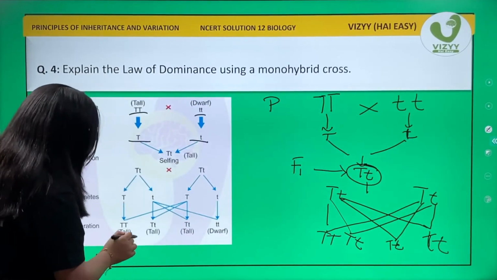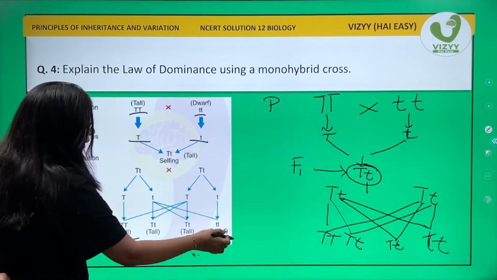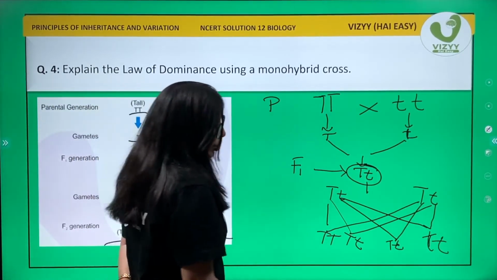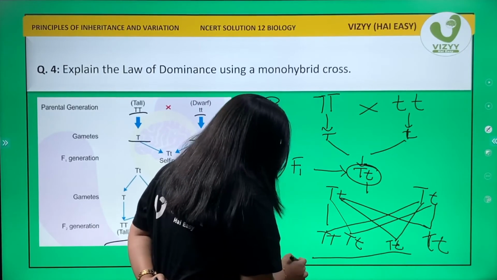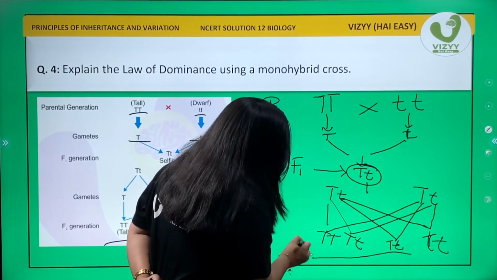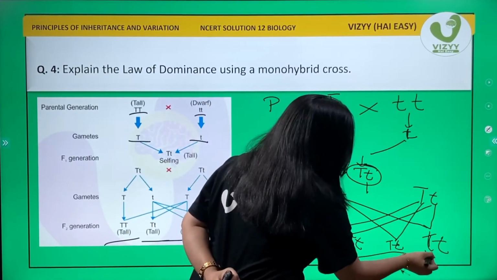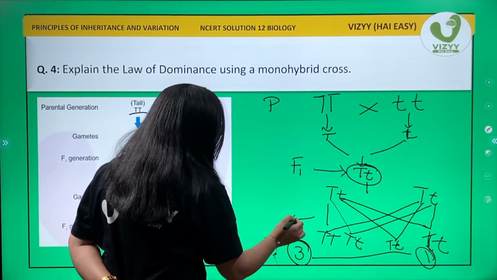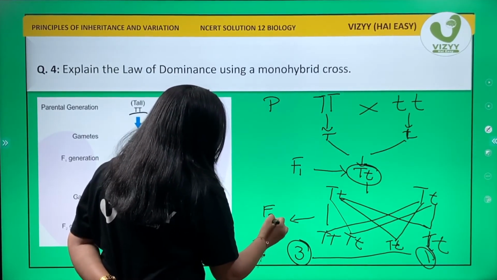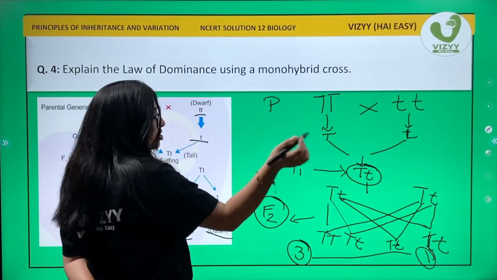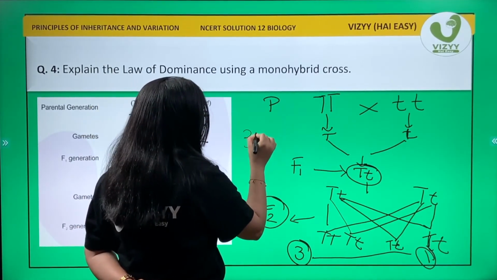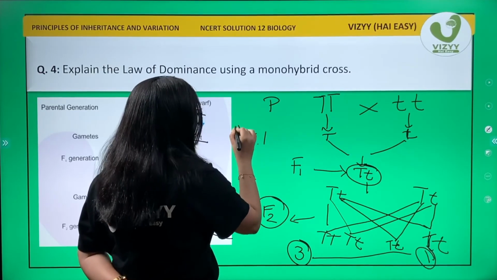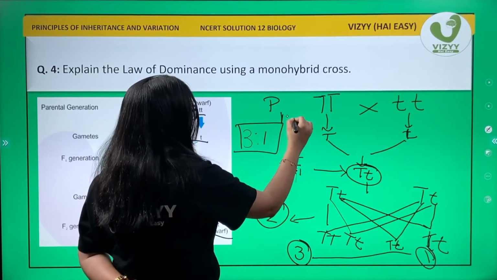So tall, tall, tall, and one is dwarf. All 3 of these will be tall and one is dwarf. So the ratio here is 3:1. Students, this is important.